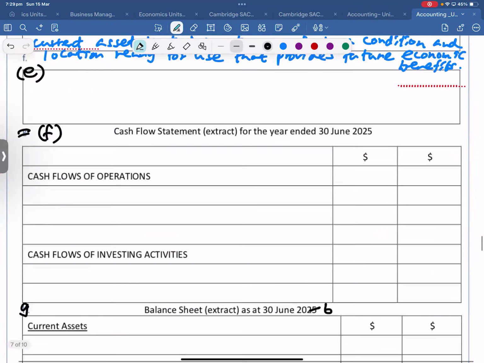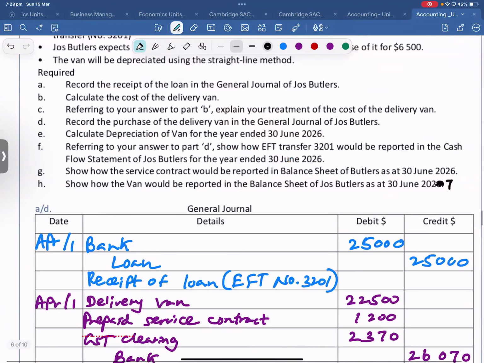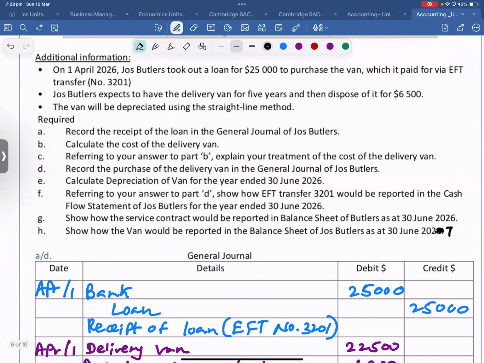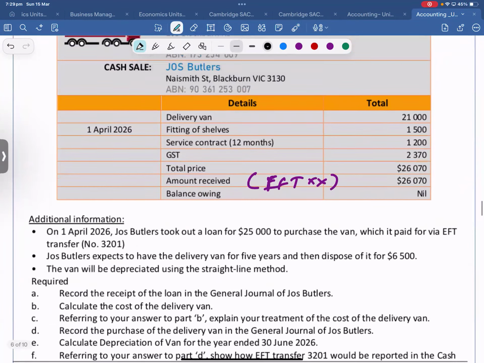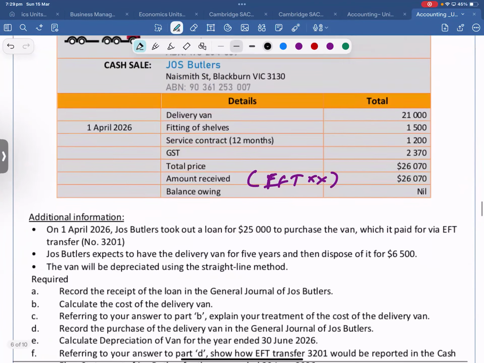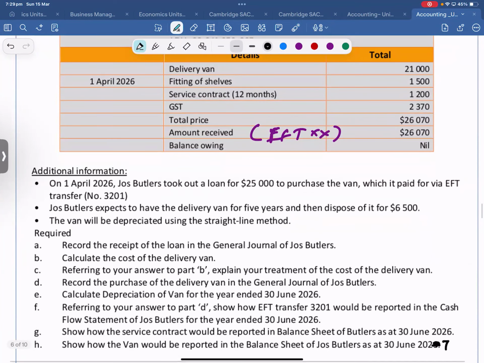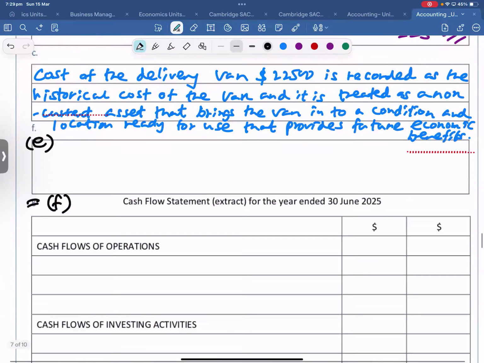Right. Then guys, how much is the depreciation expense for, when is it? Is that referring to your answer to part D? No, part E, sorry. Depreciation of 26.